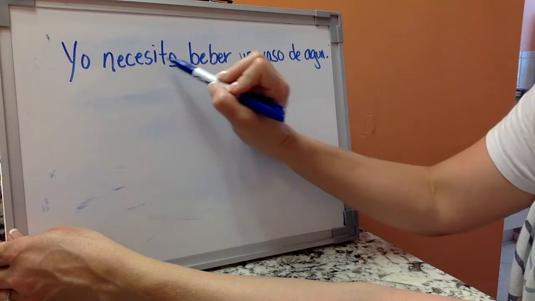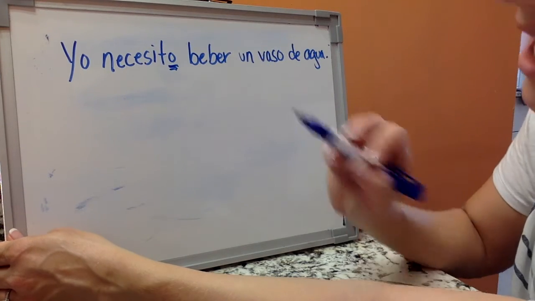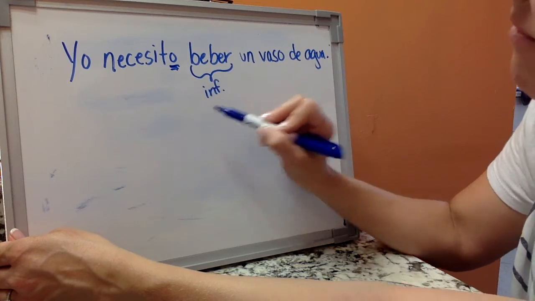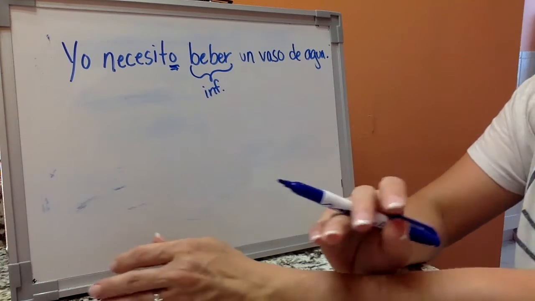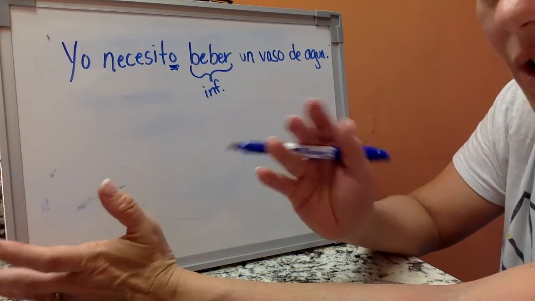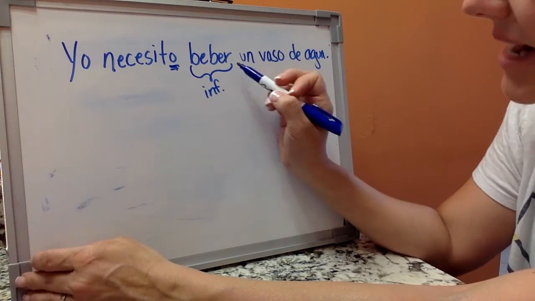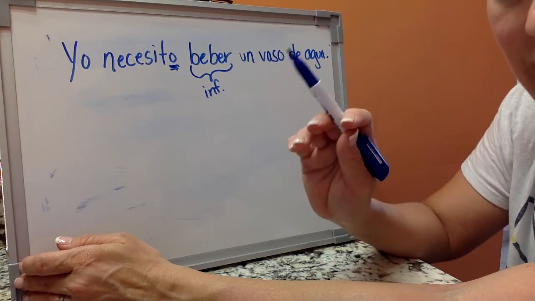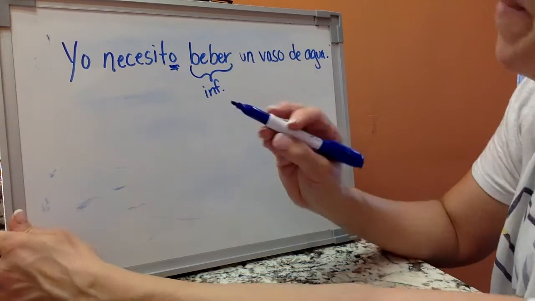Okay? So notice my first verb is conjugated. My second verb stays in that infinitive, okay? So this is the same concept we talked about back in chapter 2. The only thing we're doing now is adding those IR verbs from pages 88 and 89, I believe, okay?